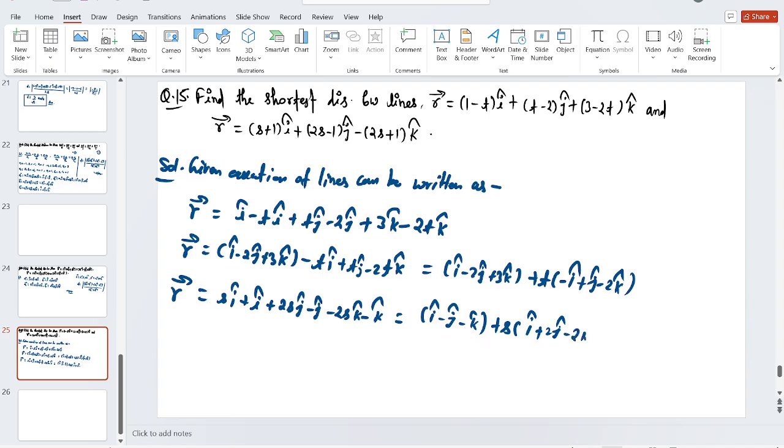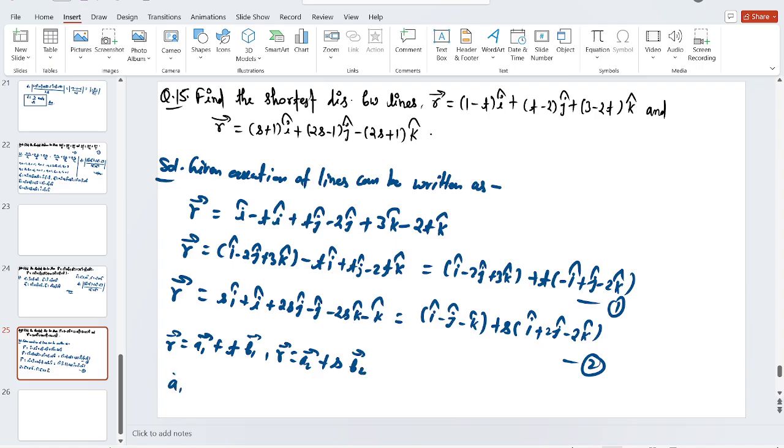Okay, so this is equation 1 and this is equation 2, and this is the standard form. On comparing, vector r equals vector a1 plus t times vector b1, and vector r equals vector a2 plus s times vector b2.